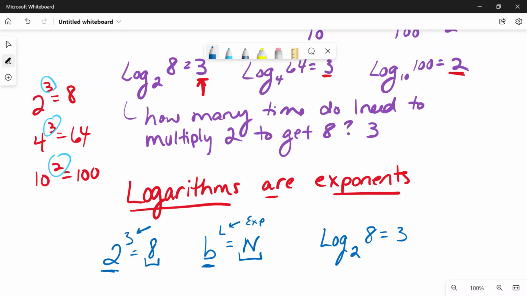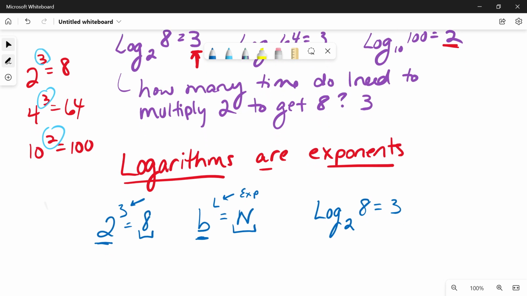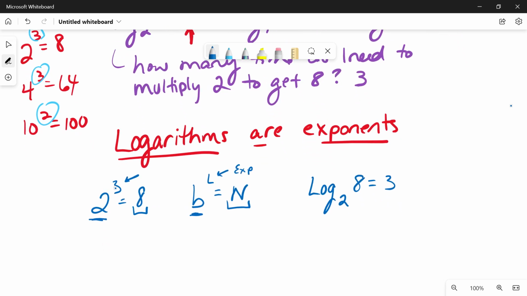Do you see how you can equate those? 2 cubed equals 8. 2 to what power equals 8? It's 3. So you can see how the answer I get is an exponent.